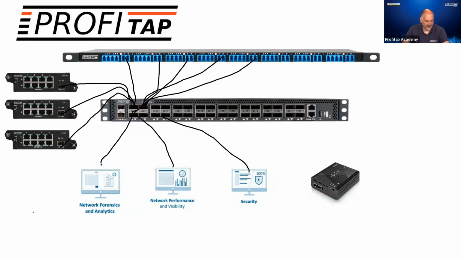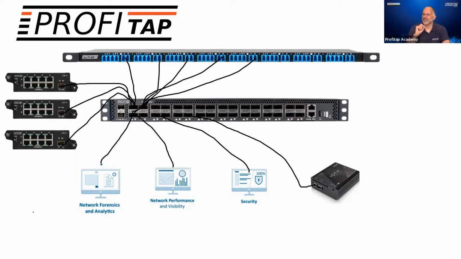I could send traffic to my security analyzer, and I could send traffic over here to my IOTA. Now, through the rules, I can start setting up that aggregation and distribution process. I can say that I'm going to take the traffic for here, I'm going to send it over here. I'm going to take the traffic for here and send it over there.